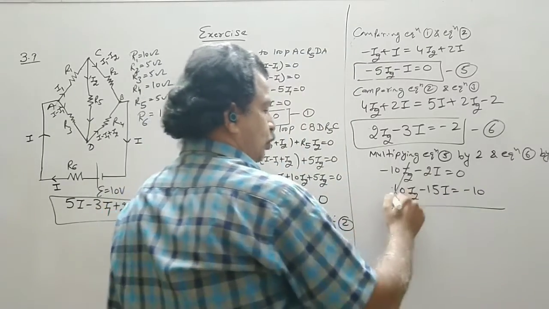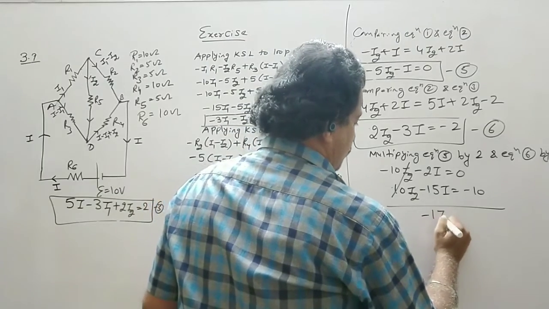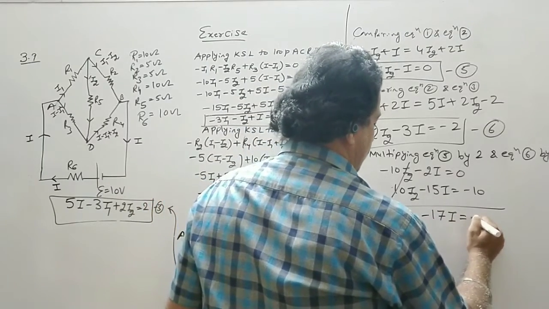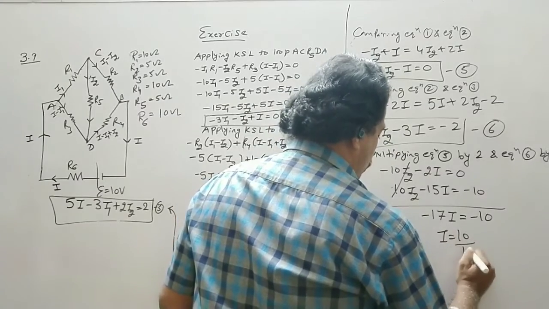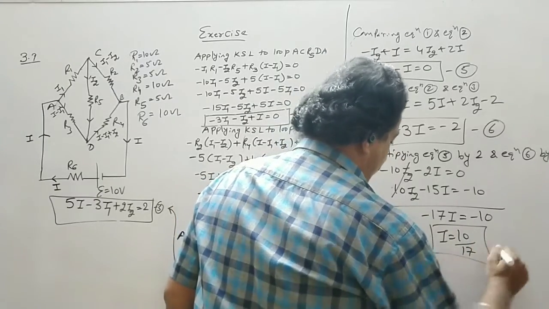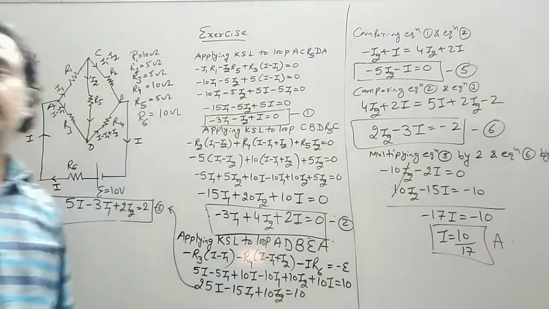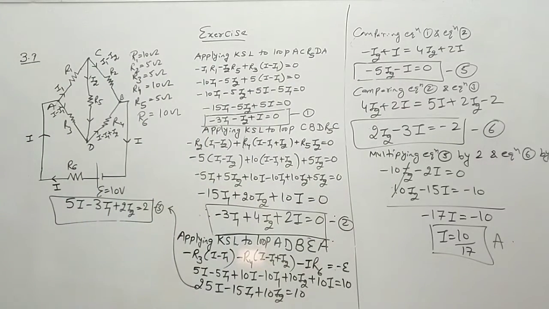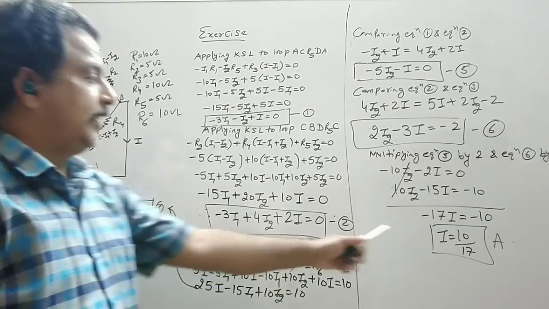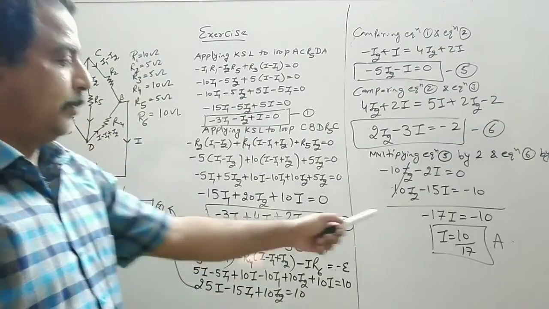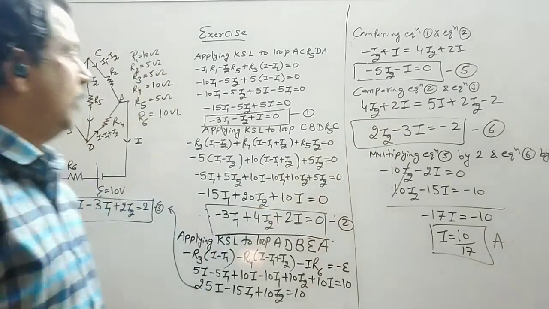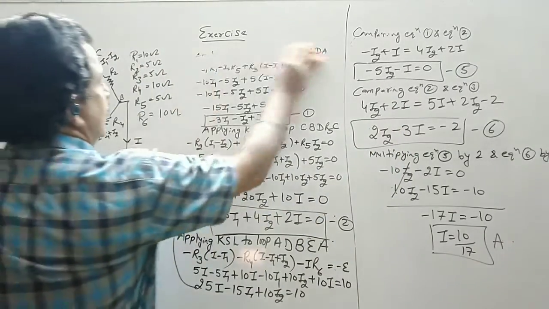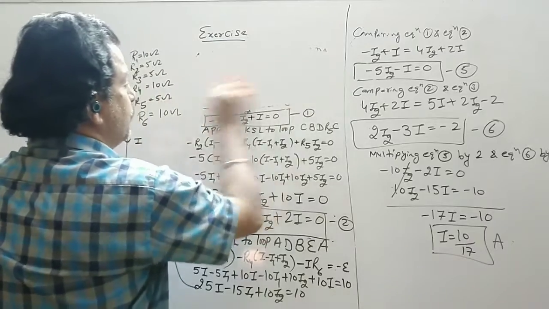So we add these two equations. It becomes minus 17I is equal to minus 10. So I is equal to 10 by 17 ampere. So we get the total current in the circuit to be 10 by 17 ampere. Now I can substitute this I in any of these two equations and find the I2 in the circuit.